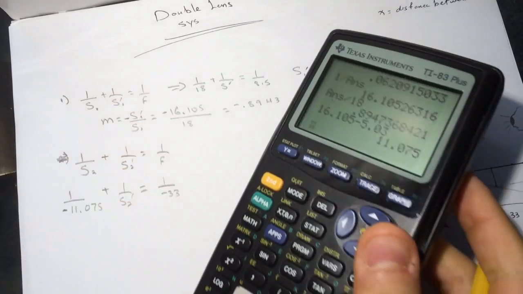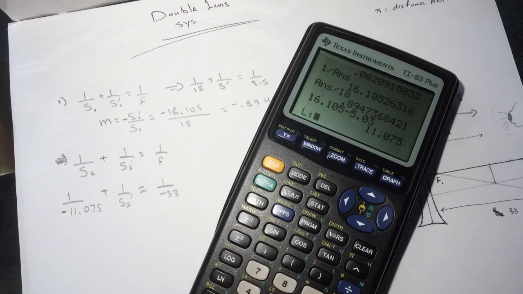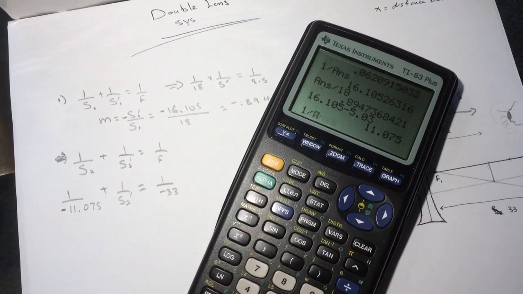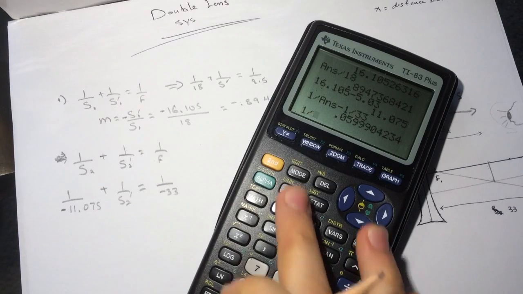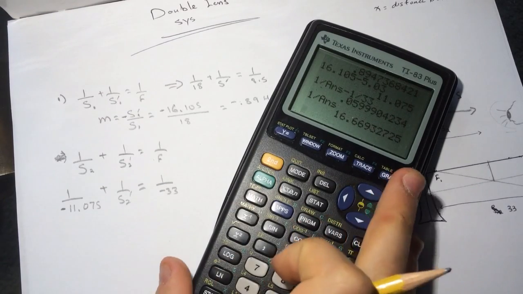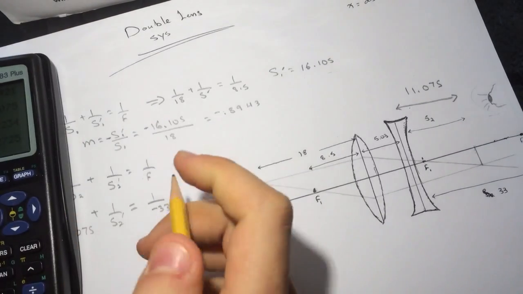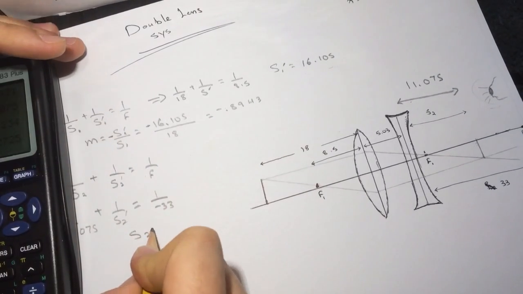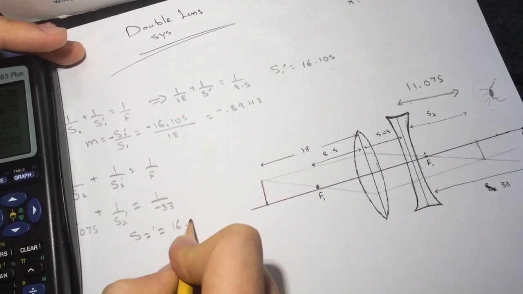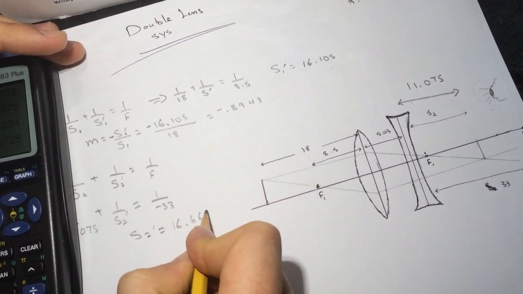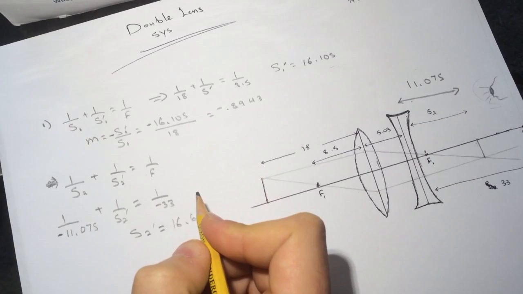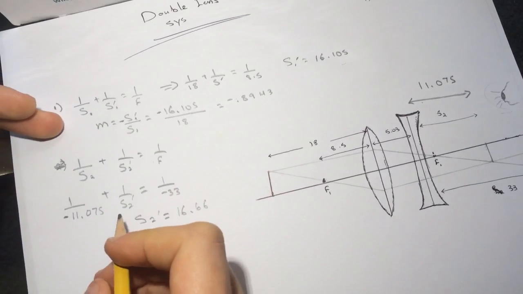Take this to the other side, and it'll be negative. So 1 divided by the answer minus 1 divided by 33. So we get 16.66. So s2 prime will be equal to 16.66. Okay. So let's get the magnification for this one.